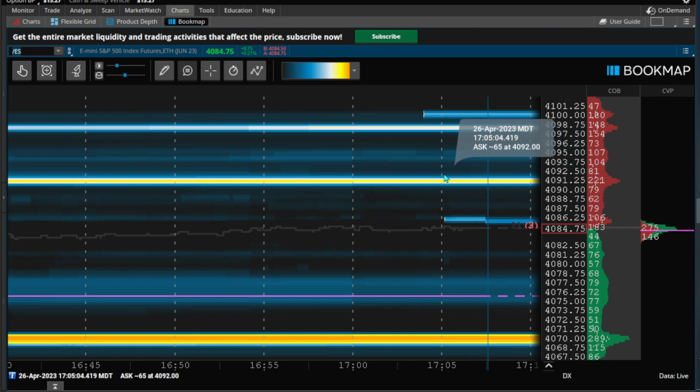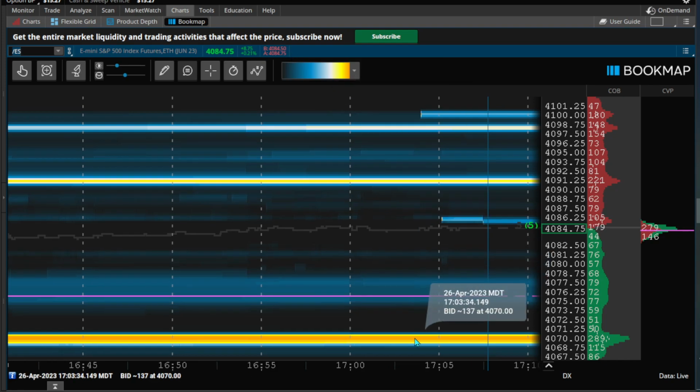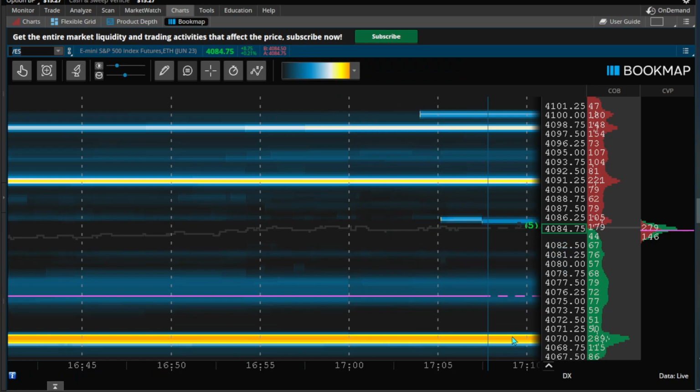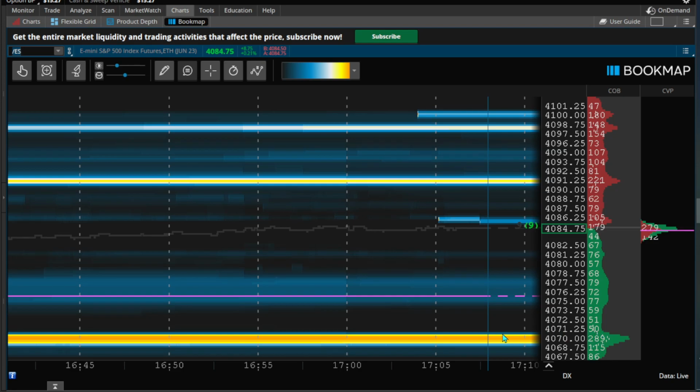Based off this light yellow shade, we're looking right around here on the legend, and this dark orange is right around here. So clearly the buying volume down here is exceeding the selling volume up here, and you can see that with the numbers: it's 289 right there, and 221 right there.